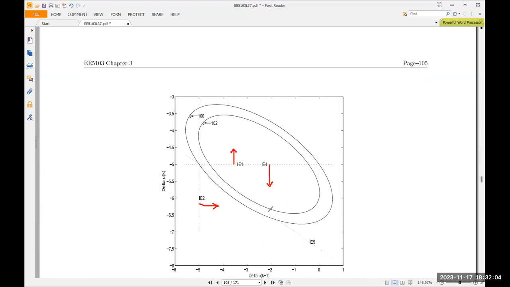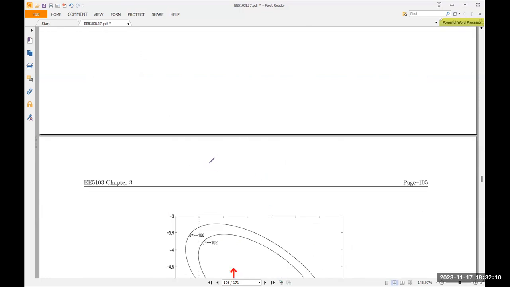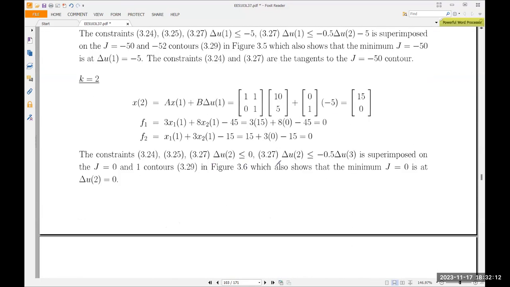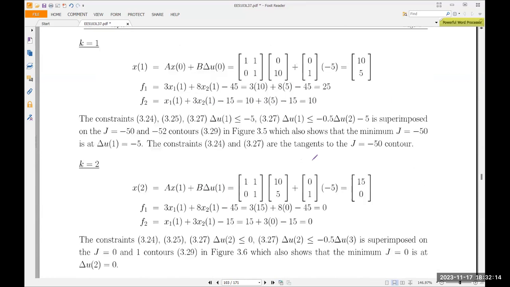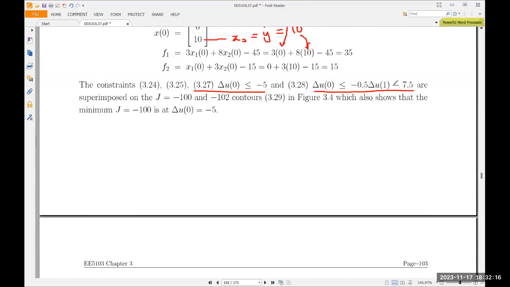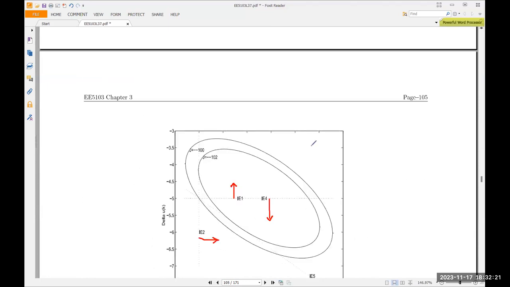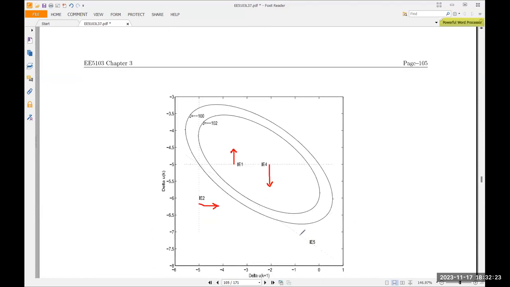This dotted line here. And it says that delta UK, all right, must, where is it? This delta UK must be less than this line. So it says that it must be here, below this line.